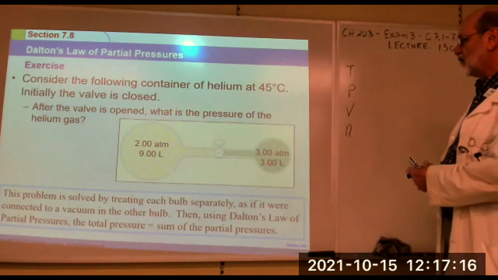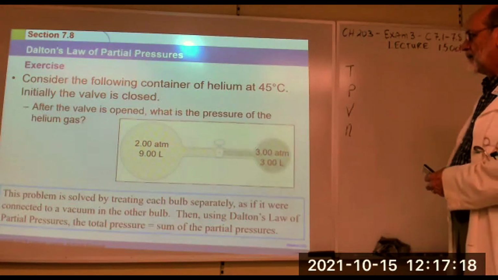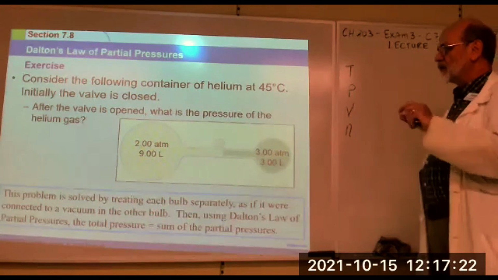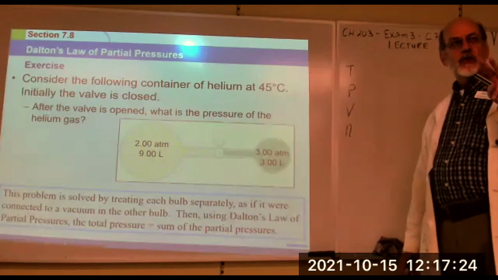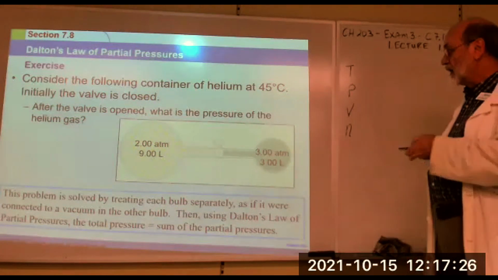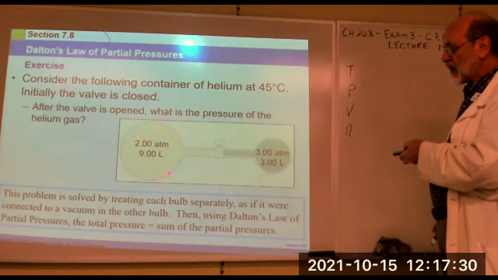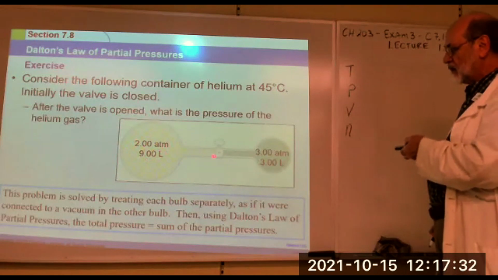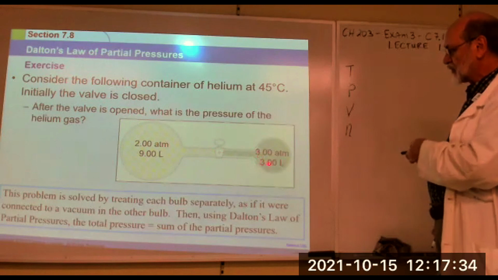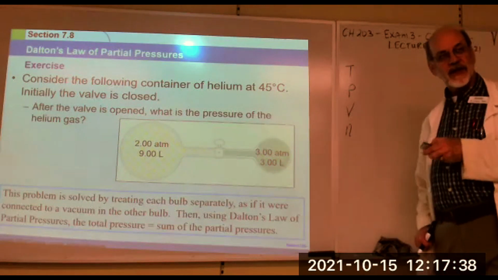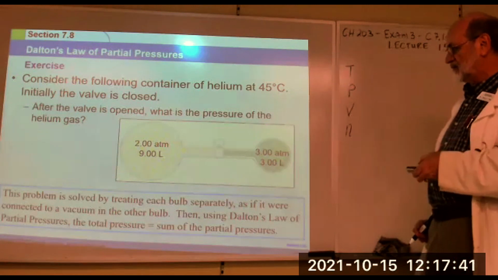And this is a problem that actually involves the use of two laws. Here you have a gas at 2 atmospheres pressure and 9 liters here with a valve in between. And this one is 3 atmospheres and 3 liters total volume. So what's going to happen when you open that valve?